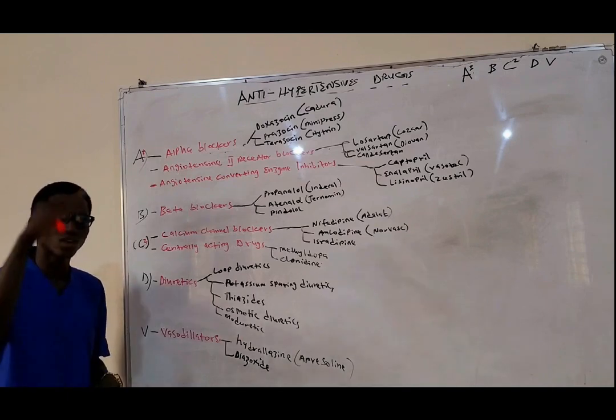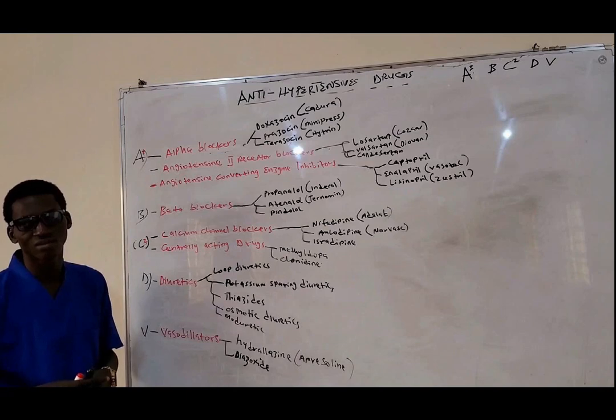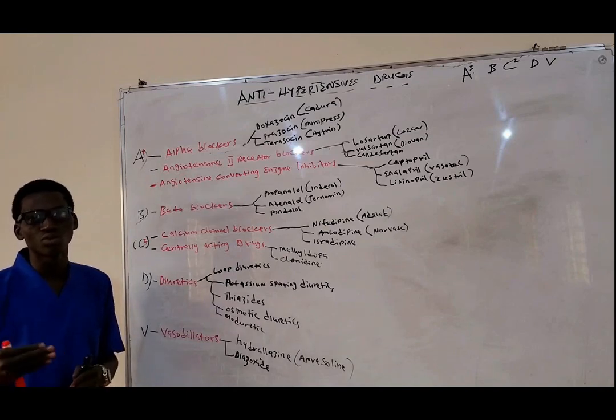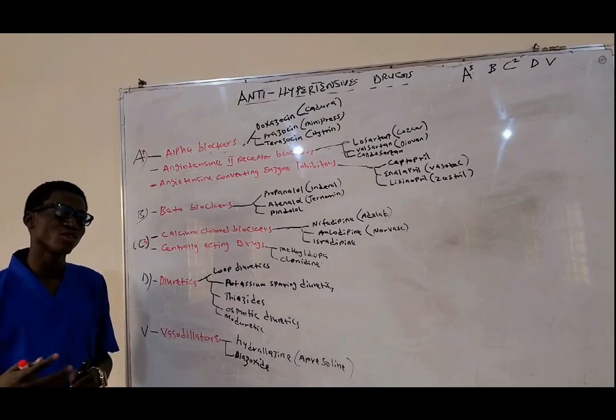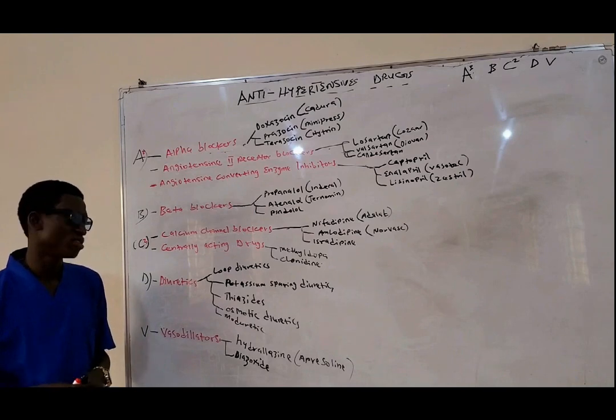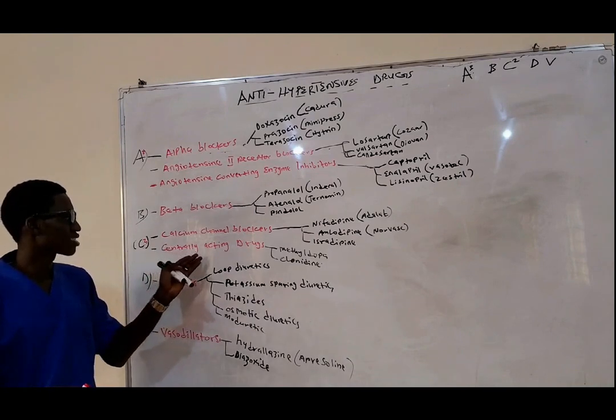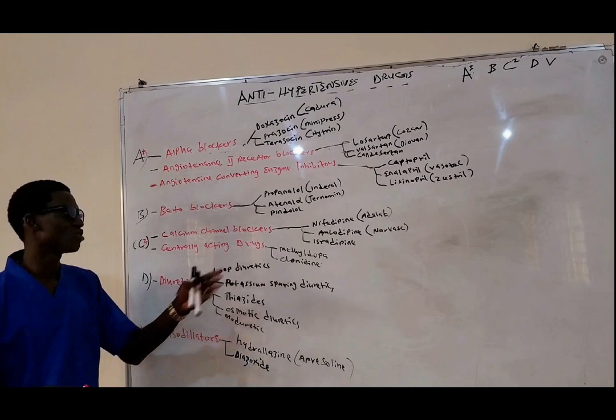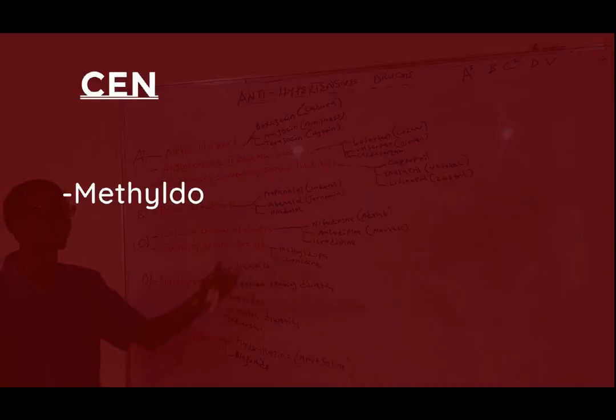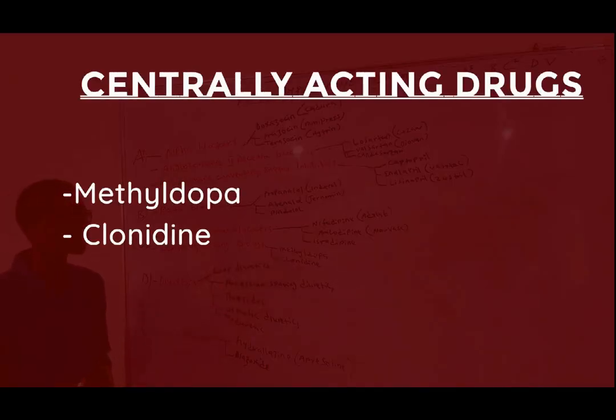So what these drugs do is to block the sympathetic nervous system directly, thereby preventing the initiation of heart contraction. Examples of a centrally acting antihypertensive are methyldopa and also clonidine. These are examples of centrally acting antihypertensive drugs.